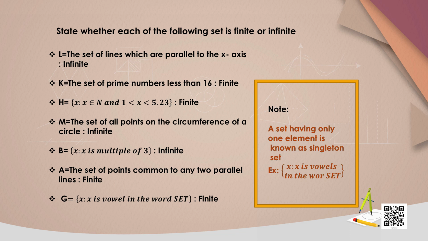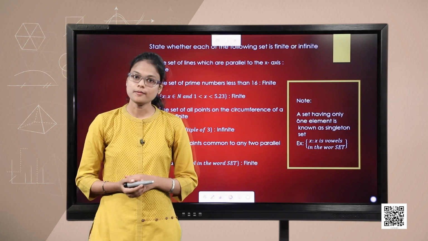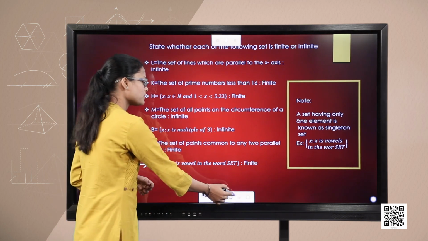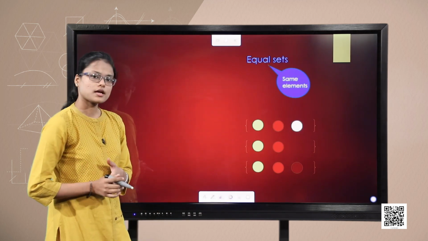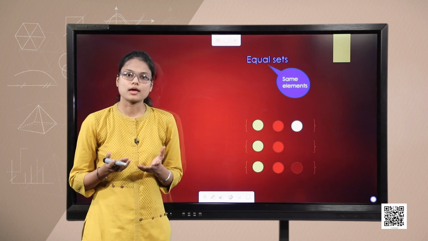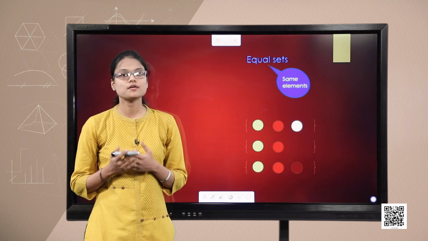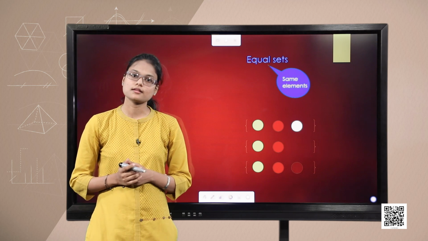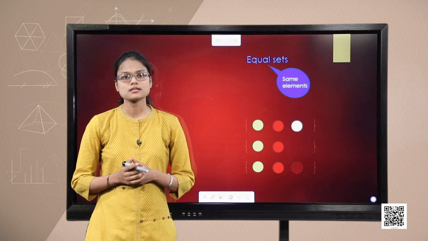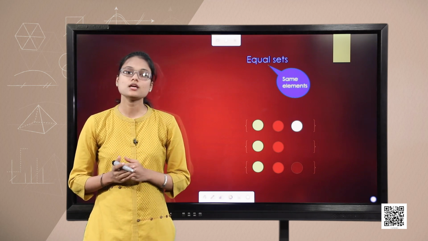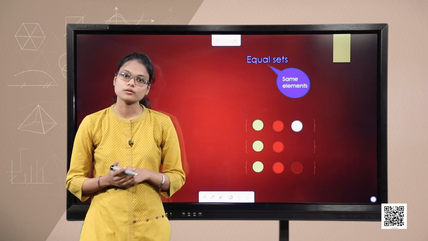For example, we have already seen set G, as it consists of only one element, which is E. Now, since we have studied what are empty set, infinite set, finite set and singleton set, the question arises: when can we say two sets are equal?